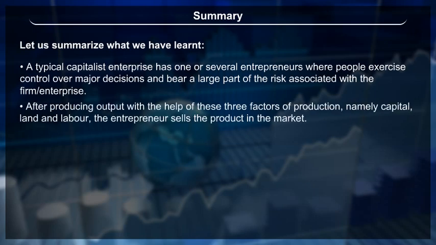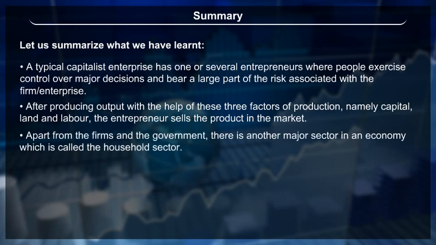After producing output with the help of these 3 factors of production, namely capital, land, and labor, the entrepreneur sells the product in the market. Apart from the firms and the government, there is another major sector in an economy which is called the household sector.